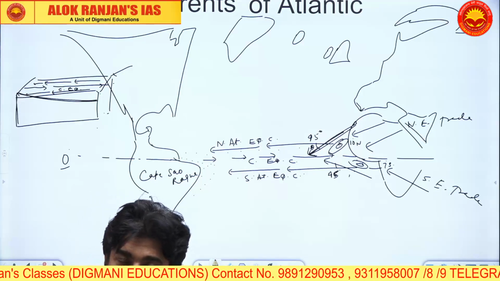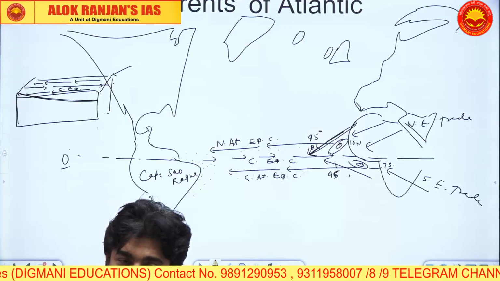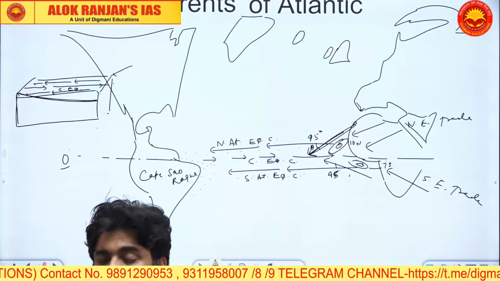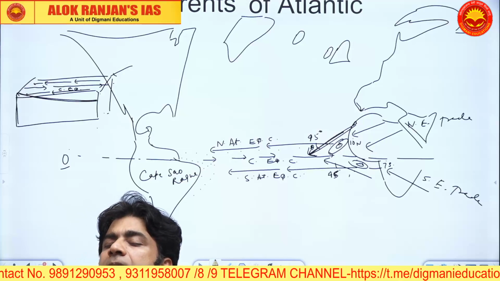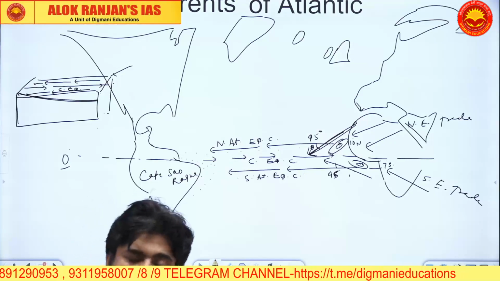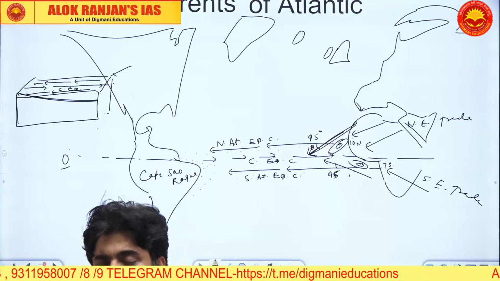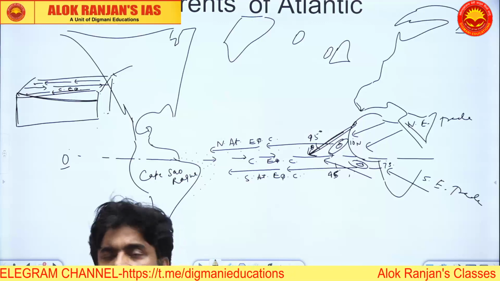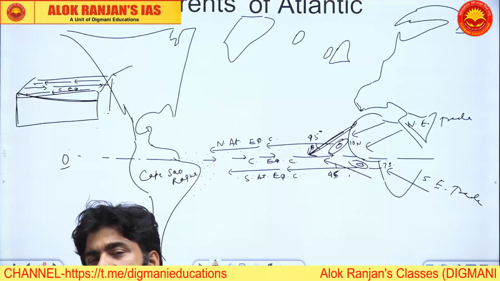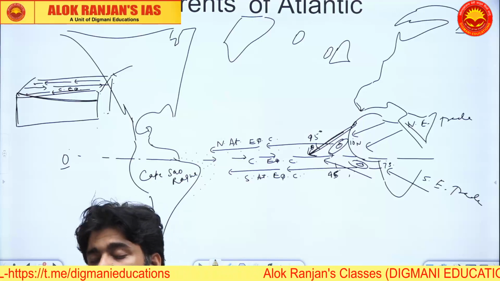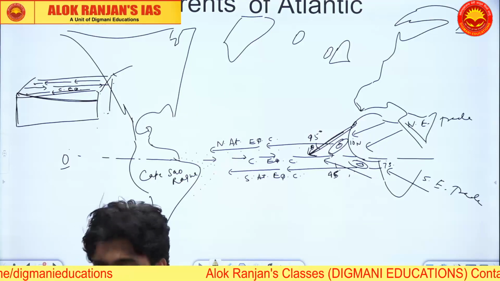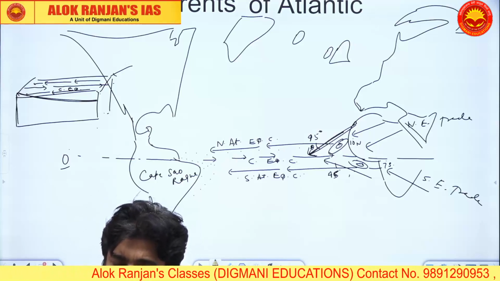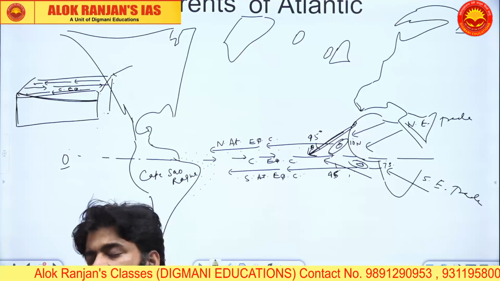Second point, लिखो, these cold upwelling zones are also associated with the superimposition of the cold currents, which are found along the western coast of the continents.